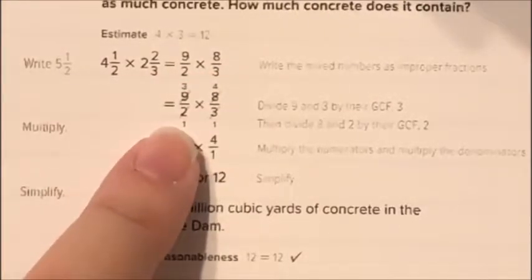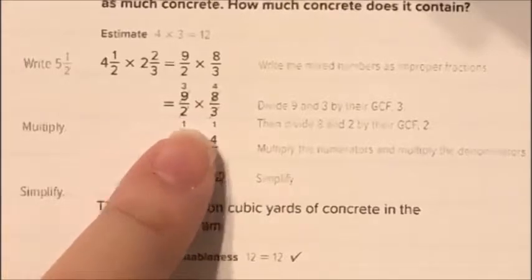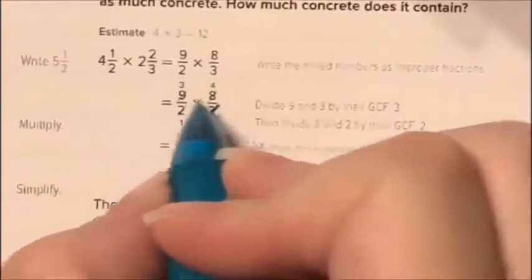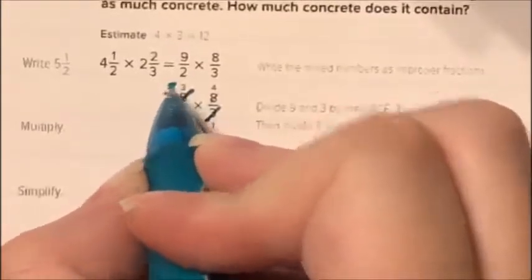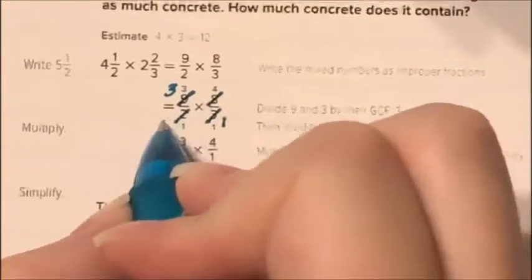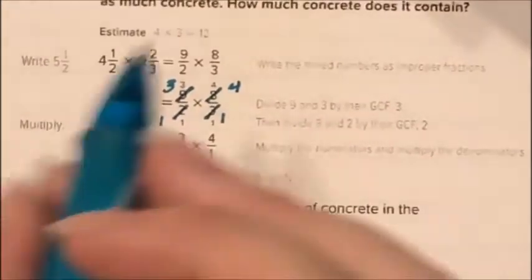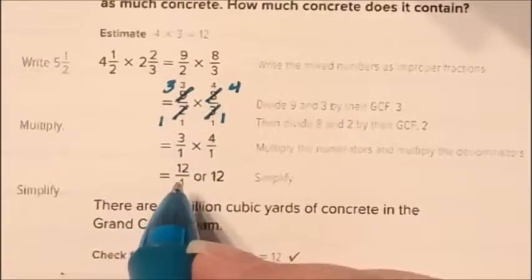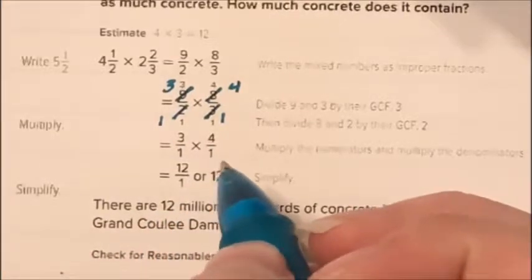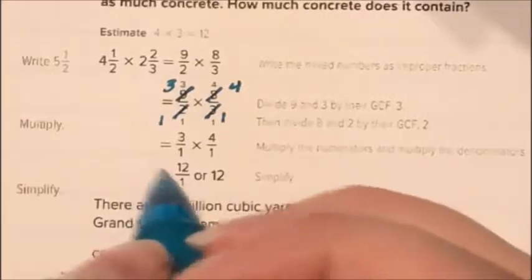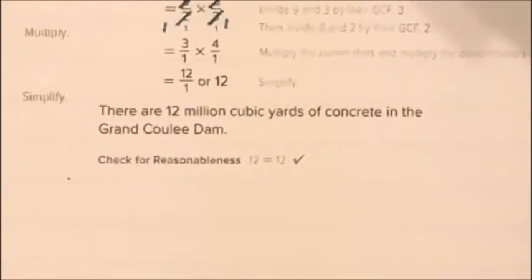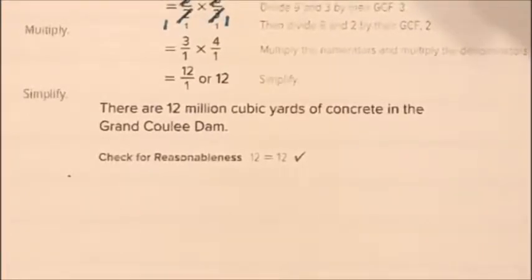Okay, I can then simplify 9 halves times 8/3. 3 and 9, this goes in 3 times, this goes in once, and 2 and 8, so cross simplify. 3 times 4 gives me 12, 1 times 1 gives me 1, so I have 12 over 1, or 12. Okay, don't forget to simplify. So there are 12 million cubic yards of concrete in the Grand Coulee Dam.